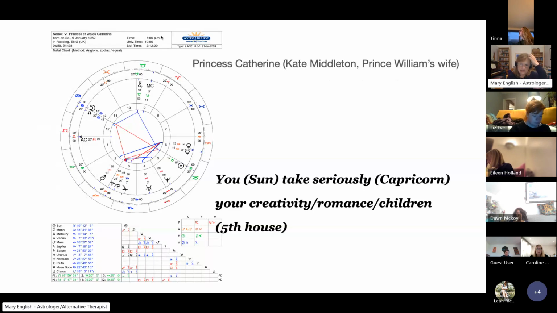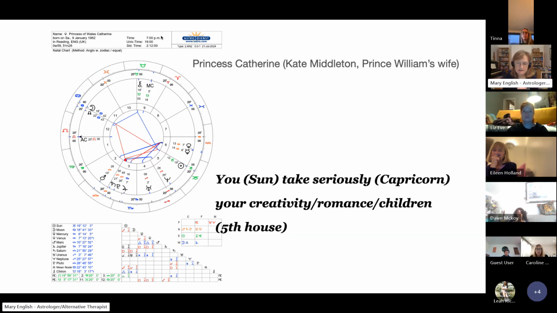This is the chart of Princess Catherine. That's Kate Middleton, Prince William's wife. And there again, I've written her sentence. You'll see her sun sign there in the 5th house. That's using the equal house system. I'm not too sure where it turns up in Placidus, but anyway, you, the sun, take seriously, Capricorn, your creativity, romance, children, 5th house. She has got kids and she does take parenting them seriously.